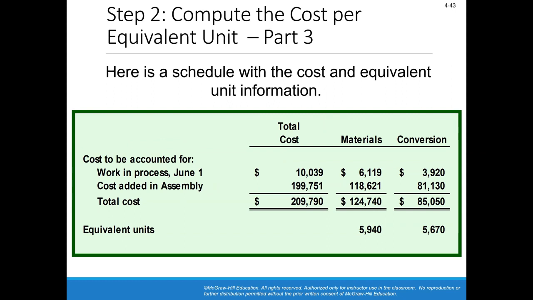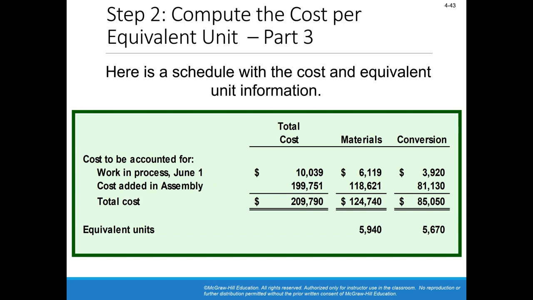We have materials and conversion costs, which added together are 199,000. So we have a total cost of 209,790. And then it shows us the total cost for materials and the total cost for conversion. It also gives us our equivalent units, which we've already calculated.